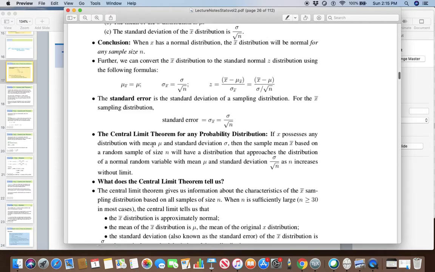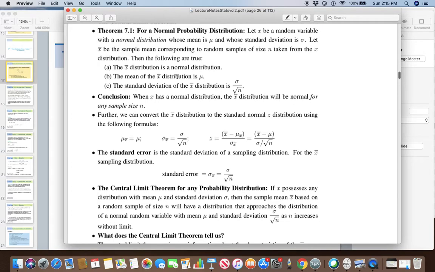You see the difference between the previous central limit theorem and this one. In the previous one, X itself is normal, then X bar is also normal.